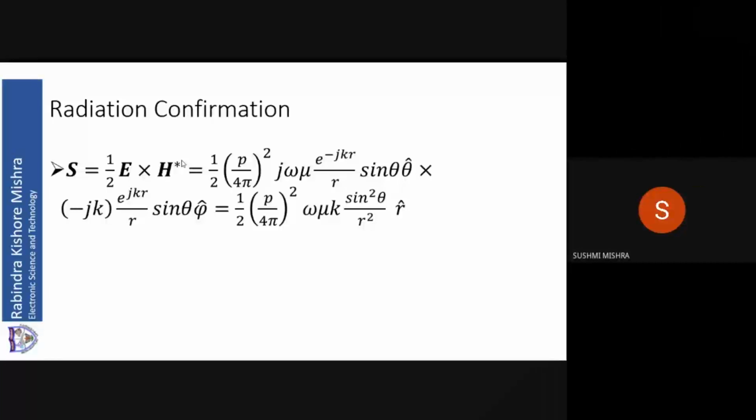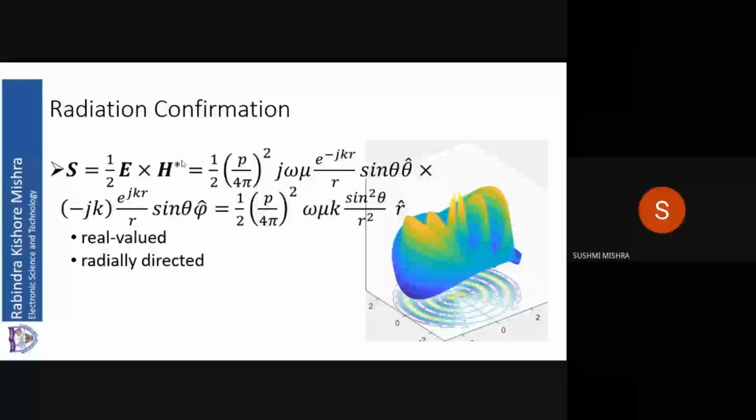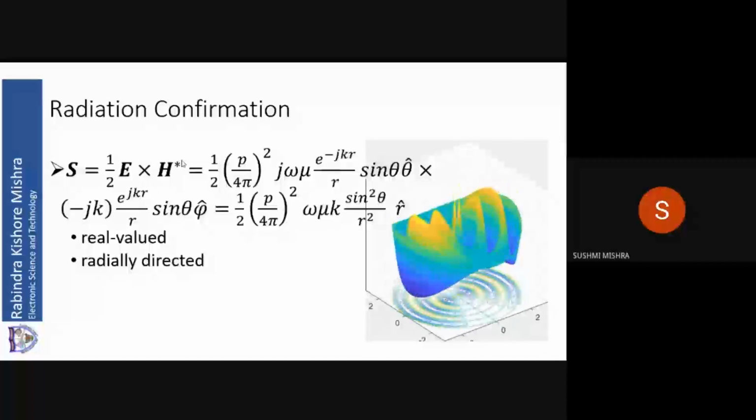So j times minus j is 1, giving omega mu k sine square theta upon r square into r cap. So that gives me the S. Now, what does this imply? It implies that S is a real value. Then it is radially directed, radially outward. It is not inward. It is radially outward, which means power is going out from the source.